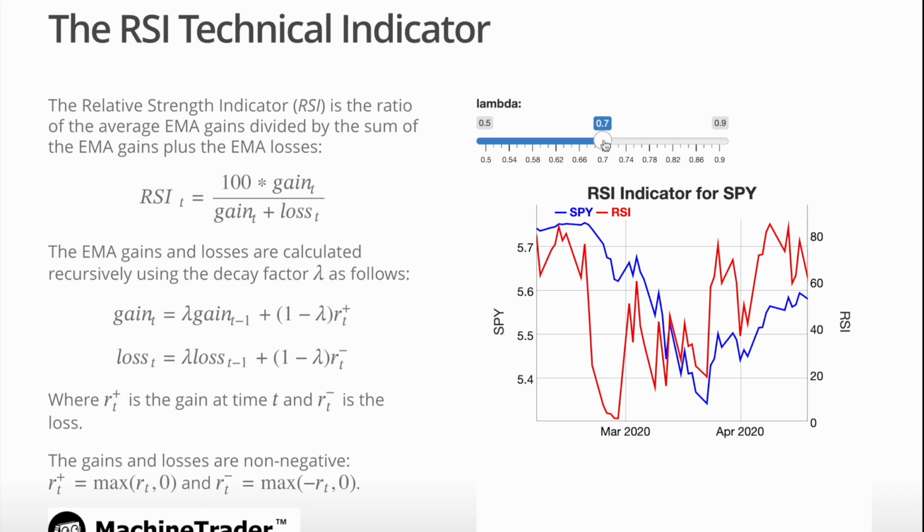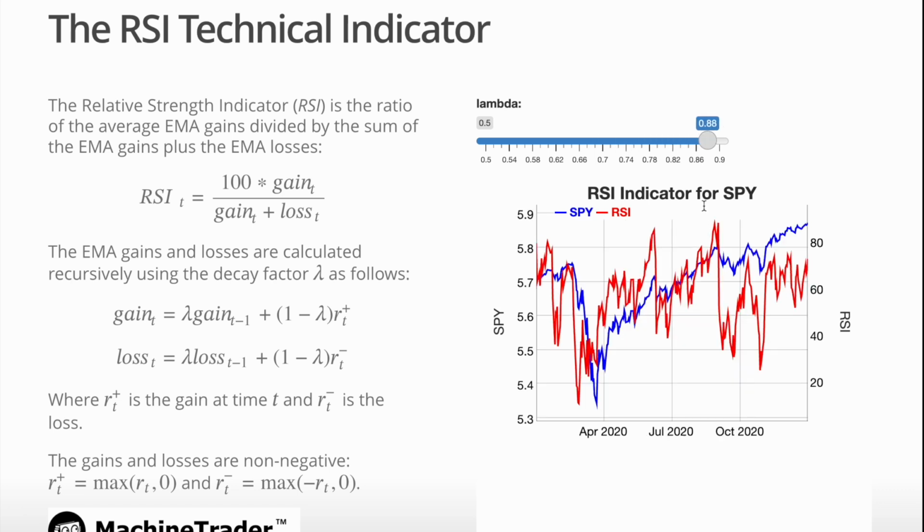If we change the lambda parameter, if we increase it closer to 1, the RSI is a lot less volatile. So let me increase it to 0.9. Now we can see that the RSI oscillates a lot less, but it may also miss some local maximum prices and minimum prices as the prices wiggle up and down.